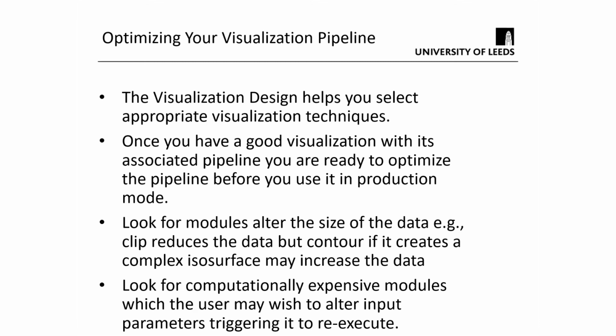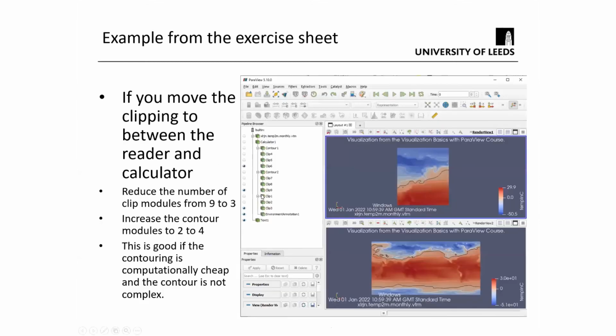And you want to look for the computationally expensive modules, and you can alter how it's triggered. So you might want to keep it so that you have to press apply each time. If you've got a few computationally expensive modules in the one pipeline, with Paraview, I would turn off the automatic apply and just change all the parameters you want and then press apply. So there are issues around that.